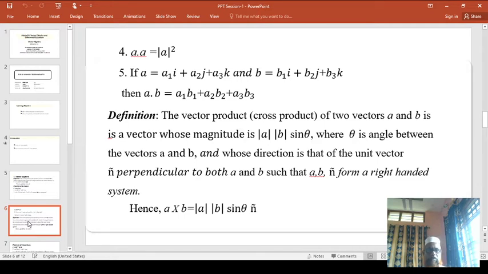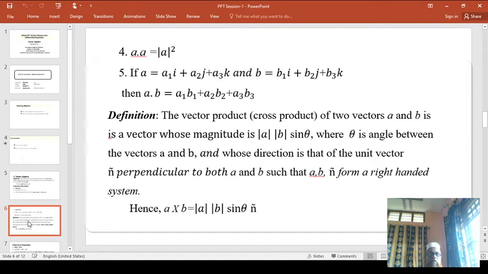Fifth one, it is important. If a is a1 i plus a2 j plus a3 k and b equals b1 i plus b2 j plus b3 k, so i, j, k give the direction and a1, a2, a3 are constants, then a dot b is a1 b1 plus a2 b2 plus a3 b3.